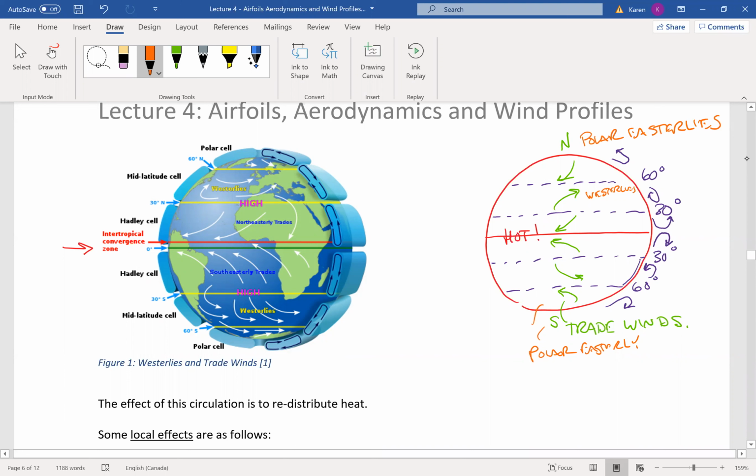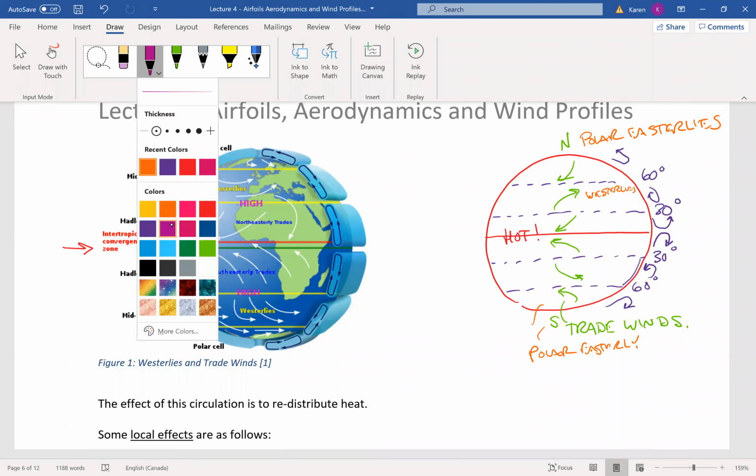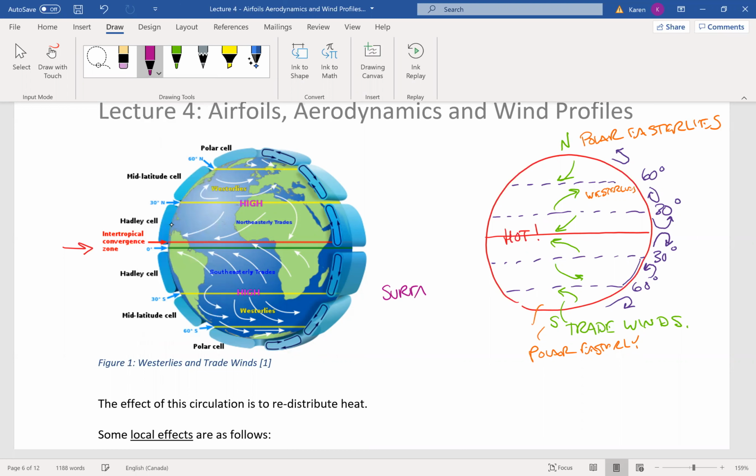You also have some surface winds. So surface winds, we can talk a little bit about them. And sorry, these easterlies are called trades. They're easterly trade here and here. So sometimes you hear in the weather forecasts about trade winds.